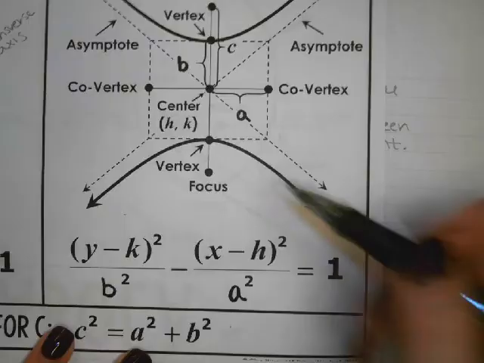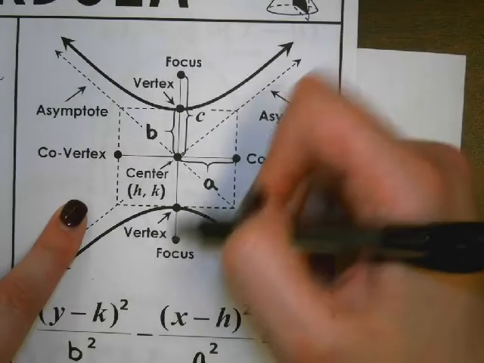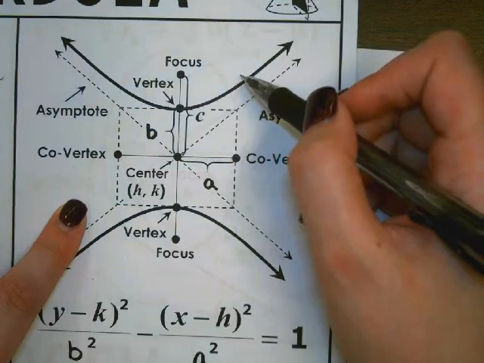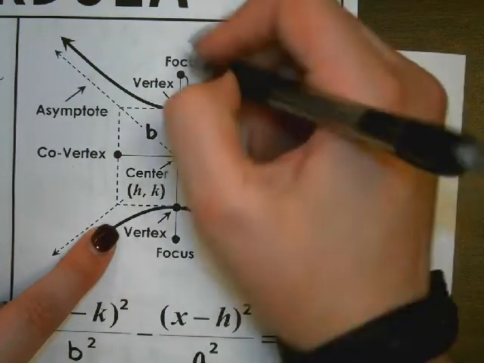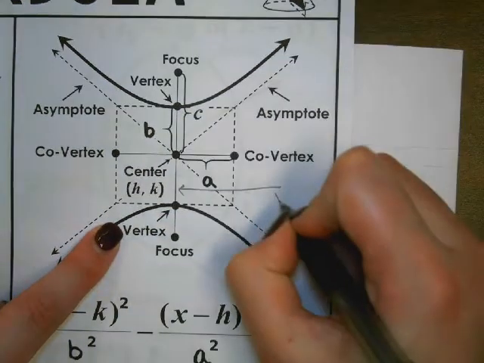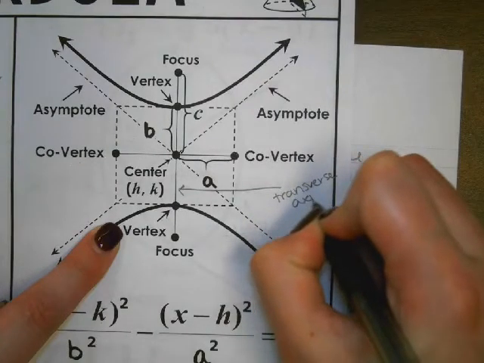So here, again, we're going to go ahead and label those axes of symmetry. So we have the one that cuts the little U shapes in half, and that's the transverse axis. So this one right here, I'll go ahead and label it right there. That is the transverse axis.